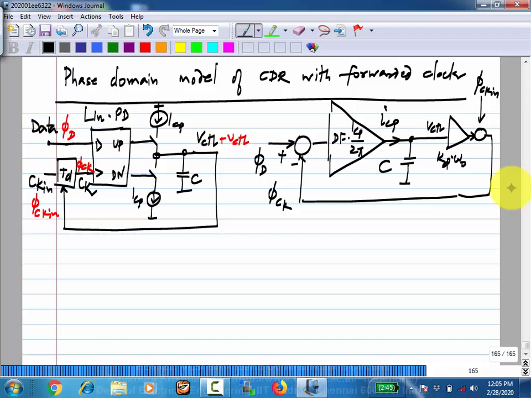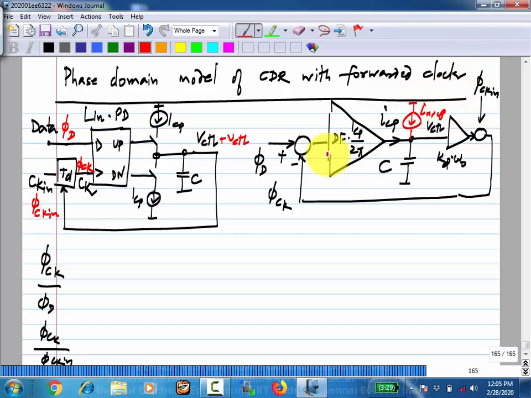Okay. And we found the transfer functions phi ck by phi d, phi ck by phi ck in, as well as, to this point you have additional stuff which I call IMCP.